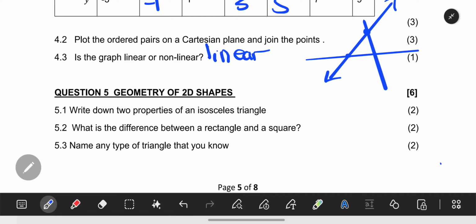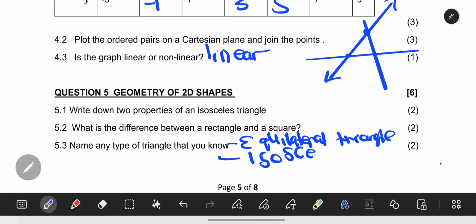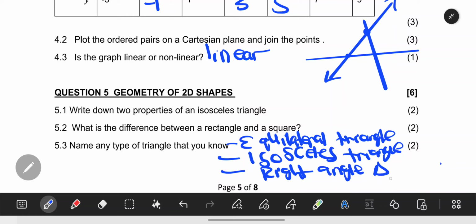It says name any type of triangle that you know. Okay, so you can say equilateral triangle, or isosceles triangle, or you can write right angle triangle, or you can say scalene triangle.